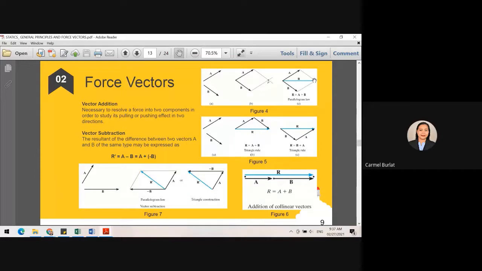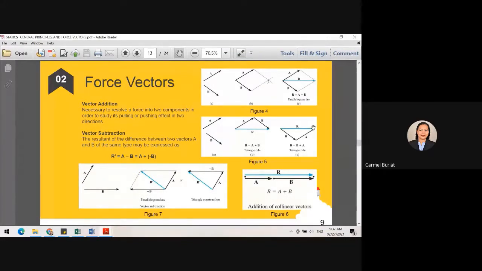Understood? Since this is a vector, you can also start with B here. And since it is addition, you add A to it. B is going down, then A is going up, then you have your resultant.